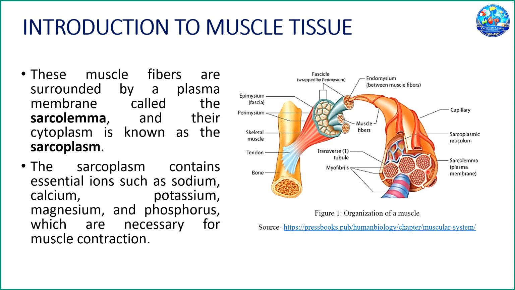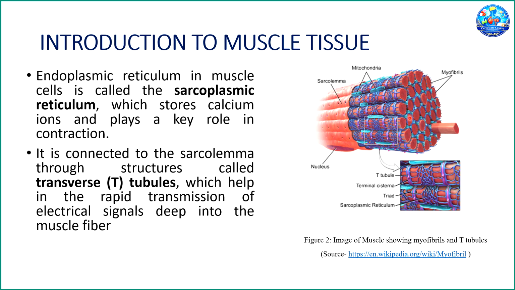The sarcoplasm consists of many essential ions that include sodium, calcium, potassium, magnesium as well as phosphorus. All these are required for muscle contraction. The endoplasmic reticulum present in these muscle cells, we name it the sarcoplasmic reticulum, and this stores lots of calcium ions, which play a very important role in contraction.